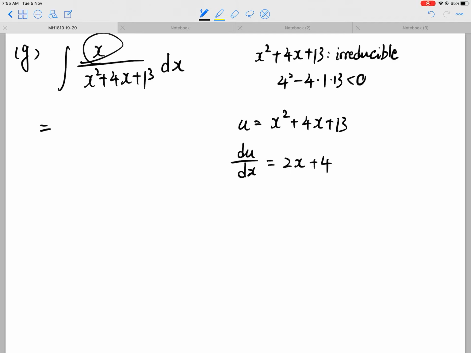So I hope my numerator is 2x plus 4, but now it's just x. So I can pair it, right? I can add something to make it a multiple of 2x plus 4. So I can use x plus 2 and then minus 2 to make it a multiple of 2x plus 4.